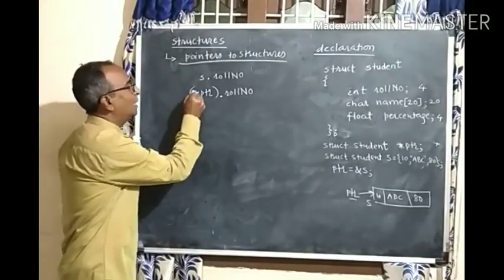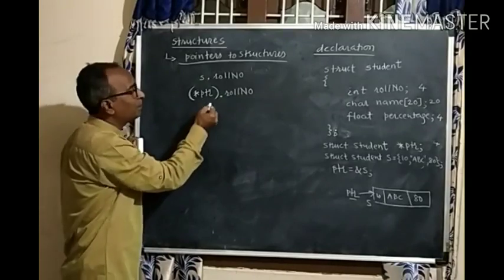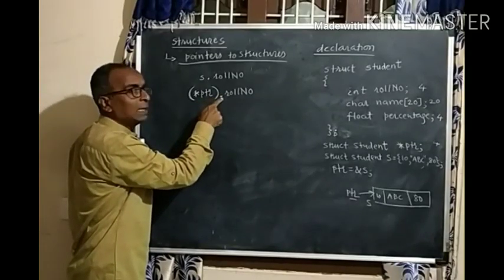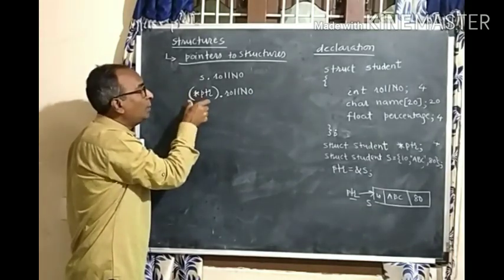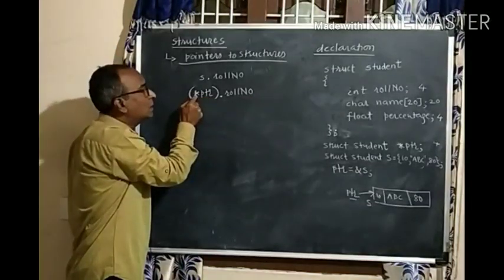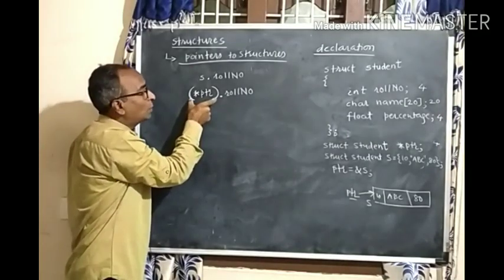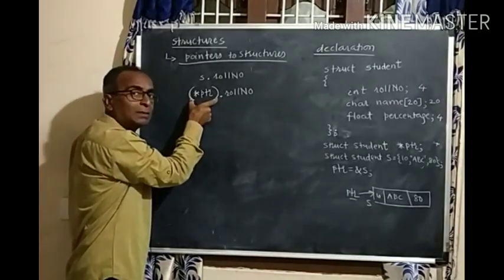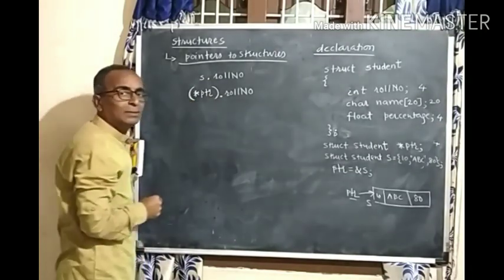So this is the way. These parentheses are necessary because dot has higher precedence than star. What we want is to give this indirection operator higher precedence for accessing. So this set of parentheses is a must for accessing through pointers.